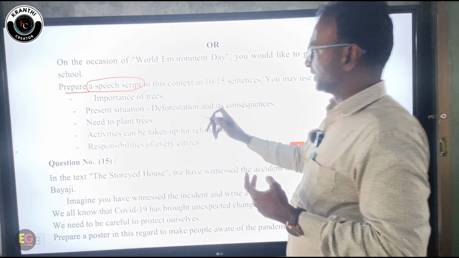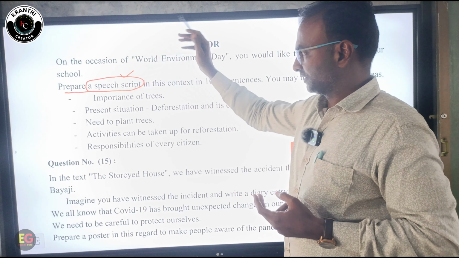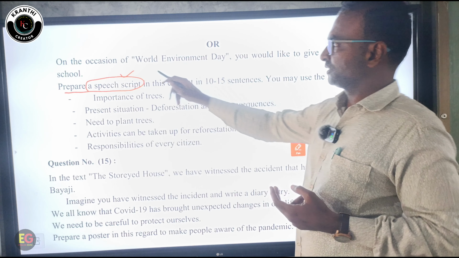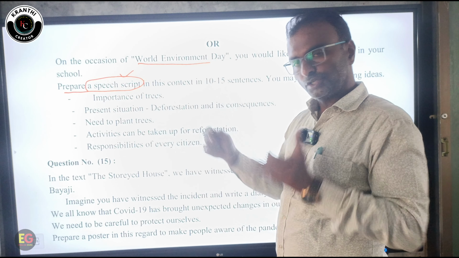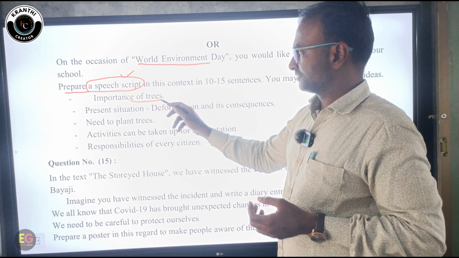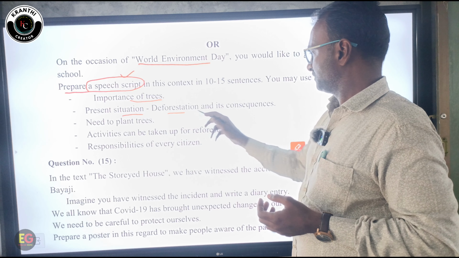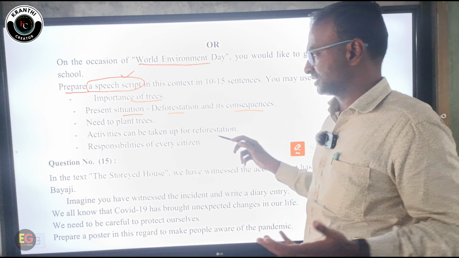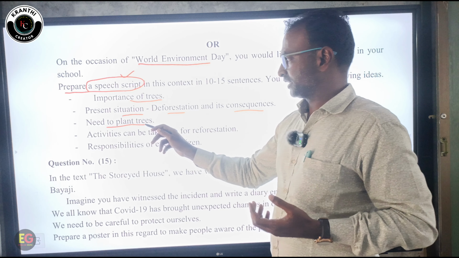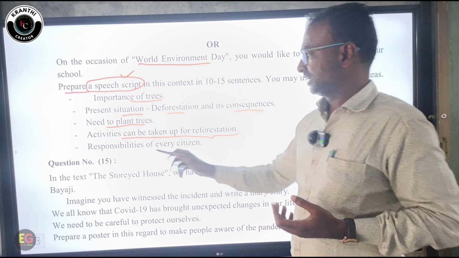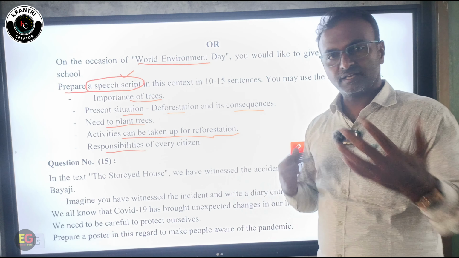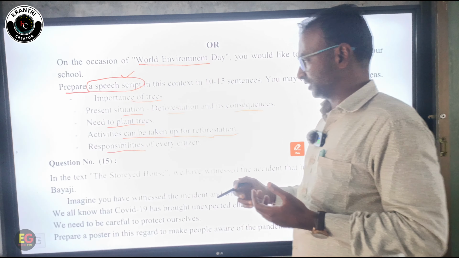The speech is out of the textbook and you are going to give it on World Environment Day. You need to concentrate on the importance of trees and the present situation, deforestation, consequences and results, the need to plant trees, activities taken up for reforestation and responsibilities, and you can end with a conclusion.